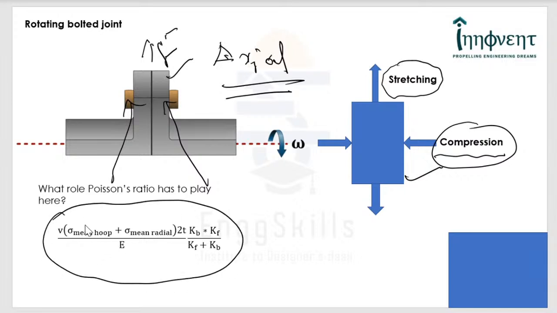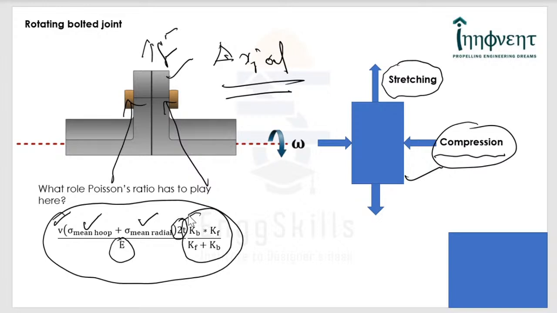You can see this expression. Here we have considered mean hoop stress and mean radial stress for these two flanges, and then the Poisson's ratio. When the stress is divided by Young's modulus, we get the strain, multiplied by the Poisson's ratio, and then the thickness of the two flanges would give us the axial compression or the lateral contraction, and that is multiplied by the effective stiffness.